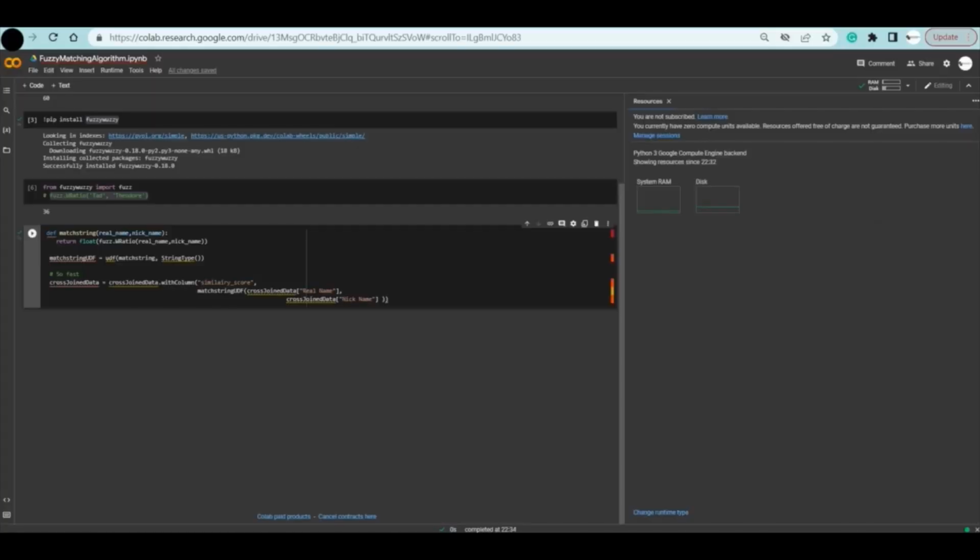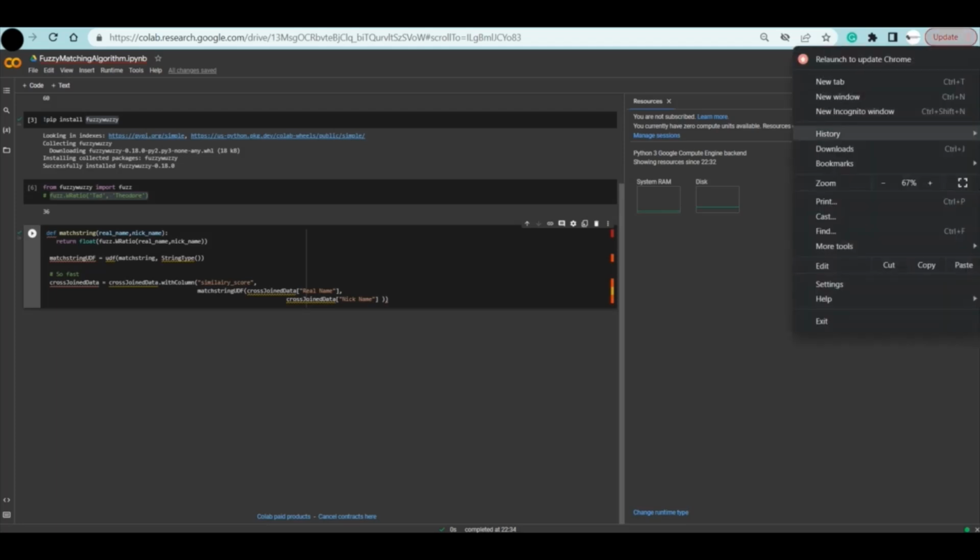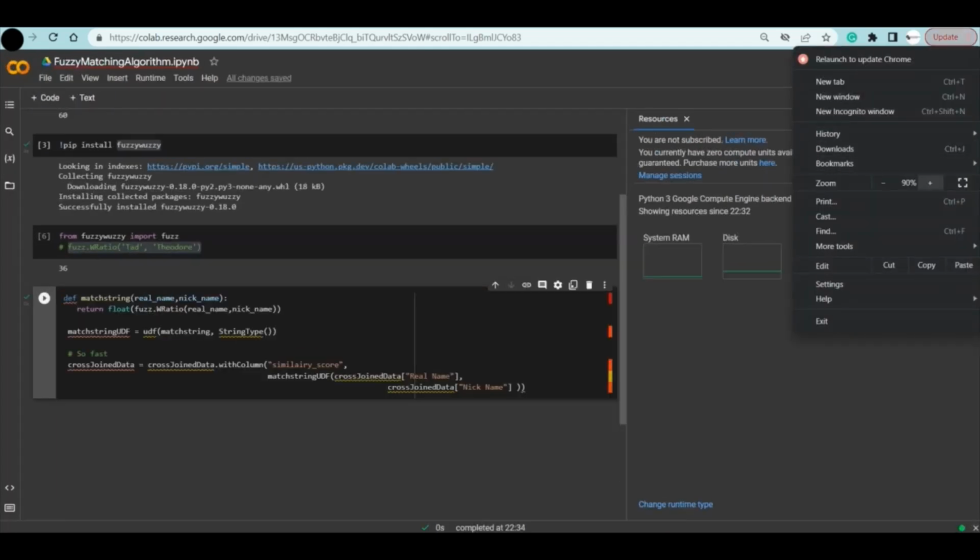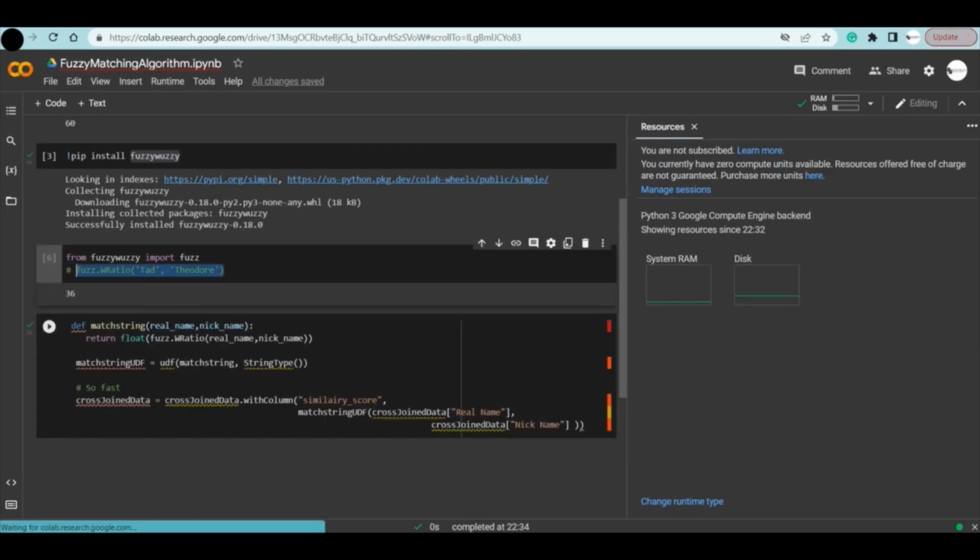I'm just going to zoom in. So let's say here we have Hector, and maybe I'm just going to write Hector with an E here, and I'm going to run this.